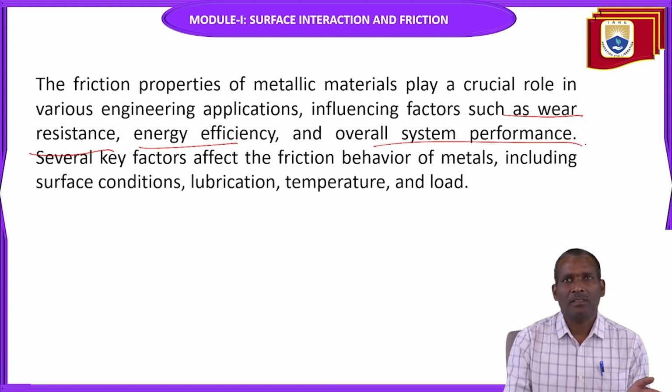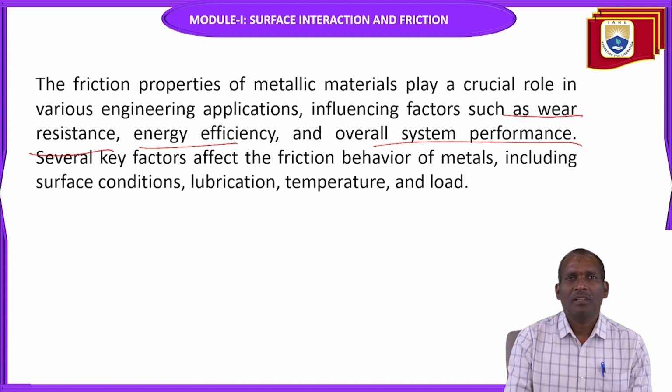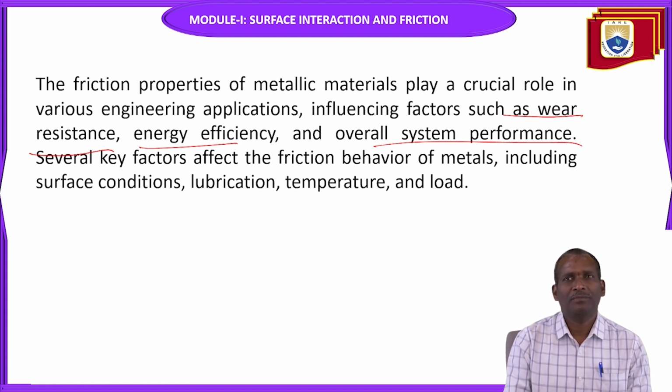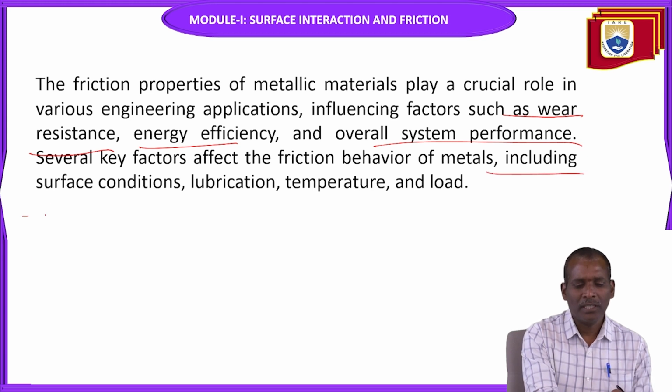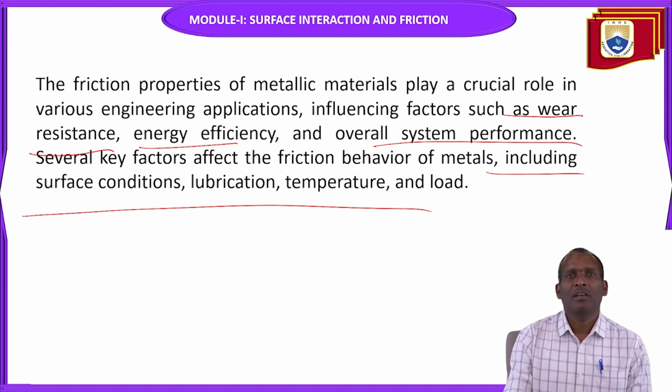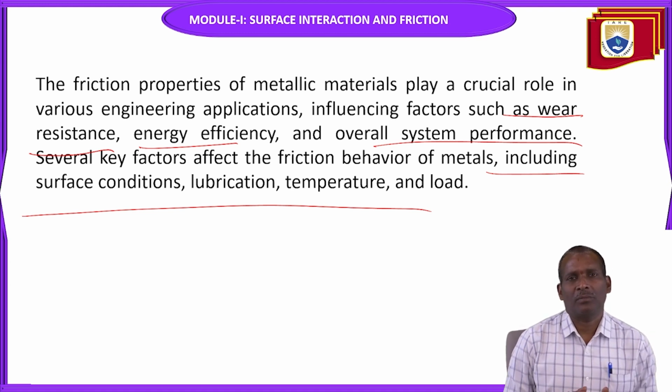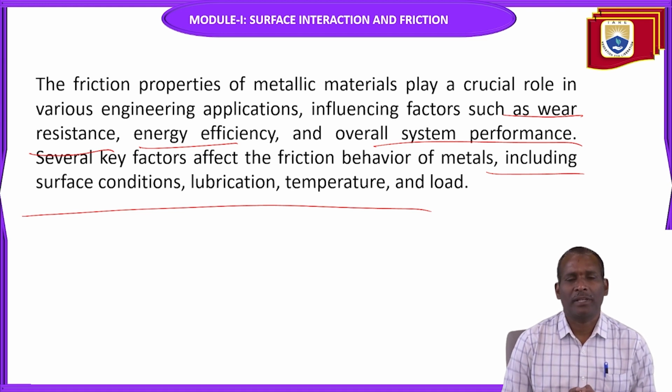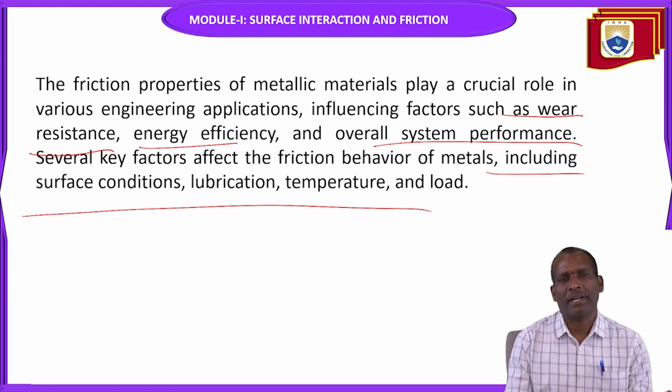Several key factors affect the friction behavior of a material, including surface conditions, lubrication, temperature, and load. These factors affect the friction behavior of metal. How the metallic or non-metallic material behaves depends upon the surface condition, lubrication, temperature and load condition.